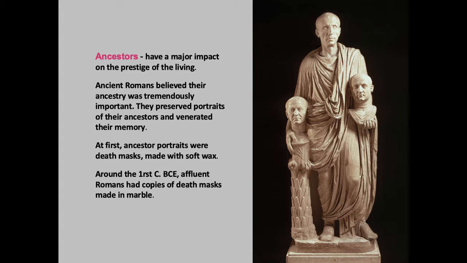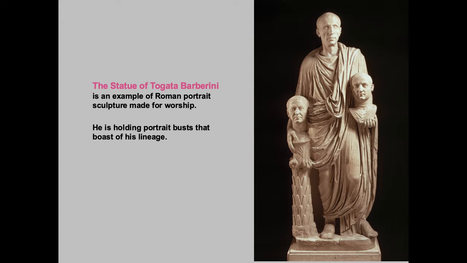Around the 1st century BC, Romans had copies of the death masks made in marble. So what you could do is you've taken that last image with wax, you put some soft material over that dead person's face, you let it harden, you pull it off, and then you can do a plaster cast and then carve a bust into marble.